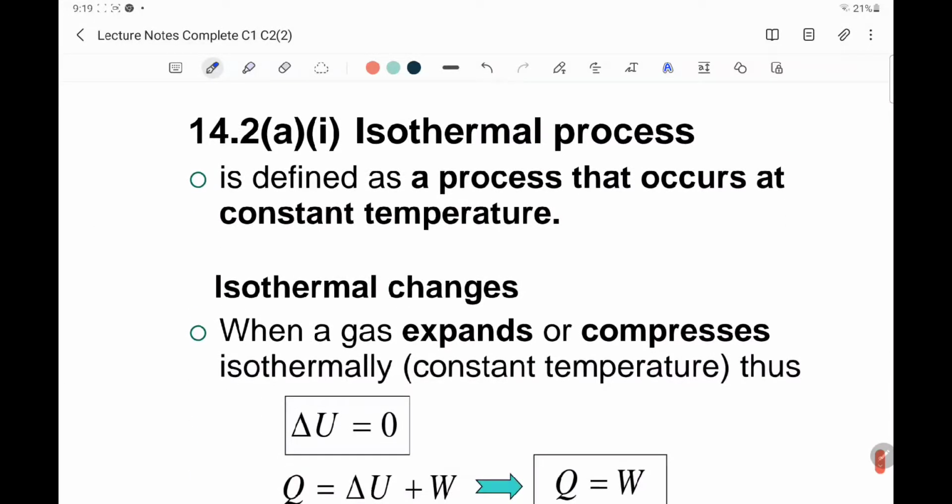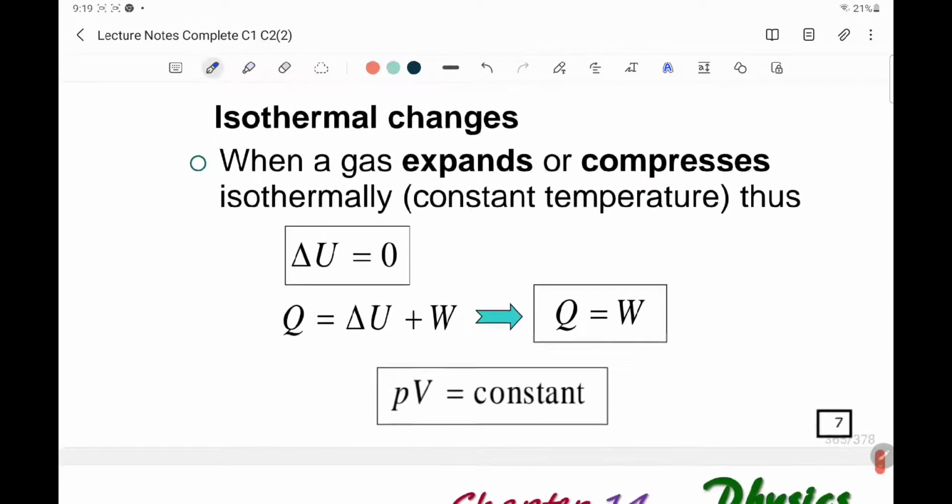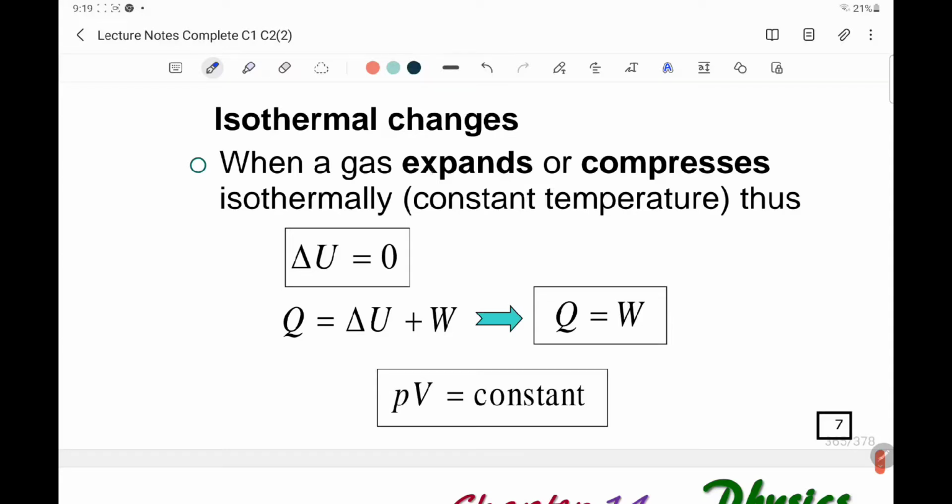(14.2a1) Isothermal process is defined as a process that occurs at constant temperature. In isothermal changes, when a gas expands or compresses isothermally at constant temperature, the change in internal energy delta U is equal to 0, because internal energy depends on the temperature.